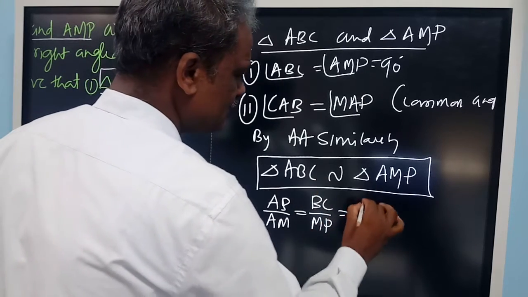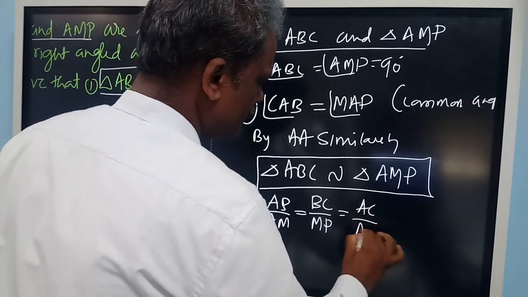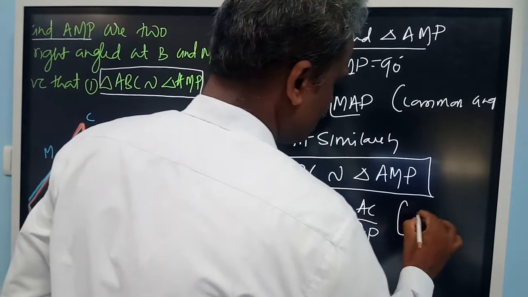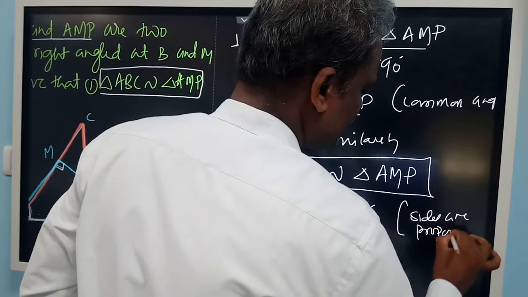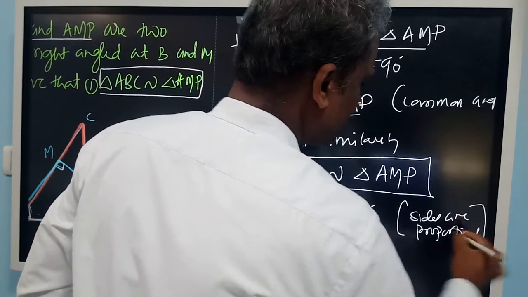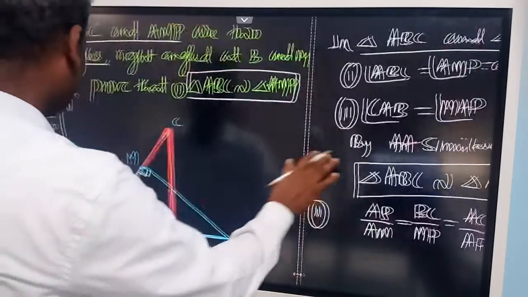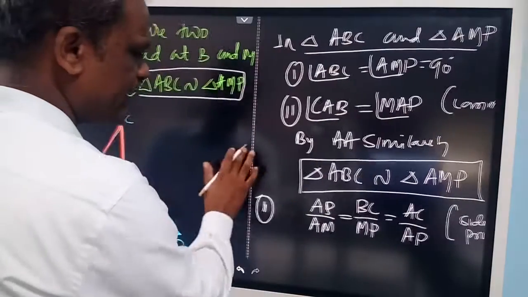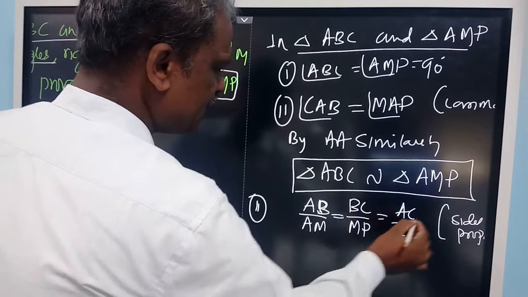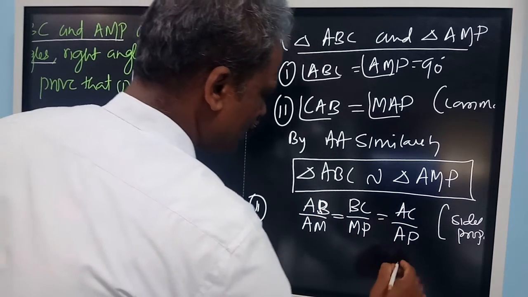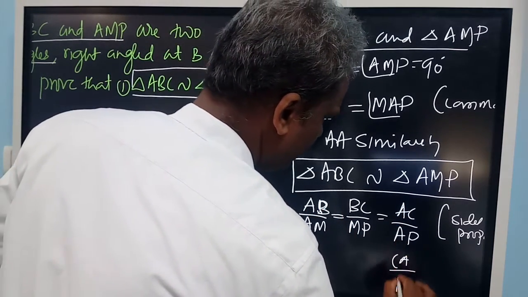Then for AC, corresponding side is AP. So three sides are proportional, because triangles are similar, therefore sides must be proportional. Now which one we want? CA by PA.